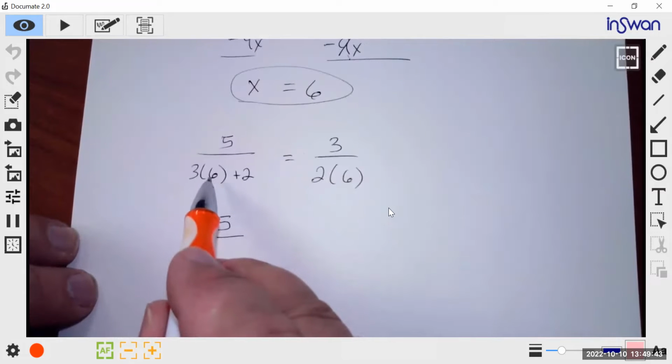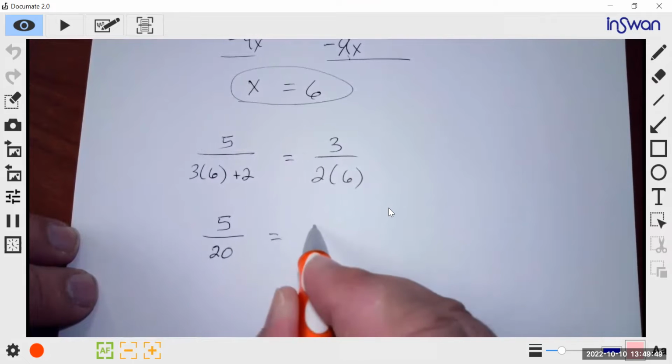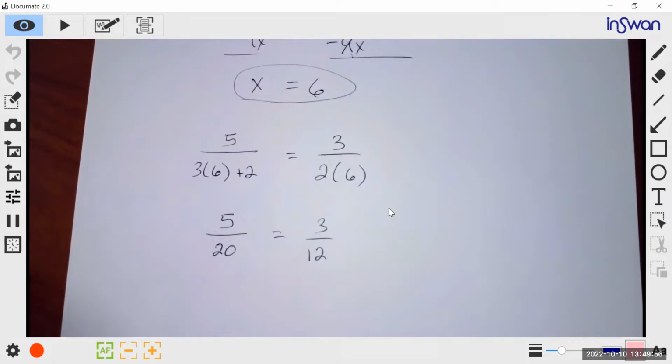Three times 6 is 18. 18 plus 2. 2 times 6, 12. Did you say 8? 2 times 6 is not 8. It's 12.